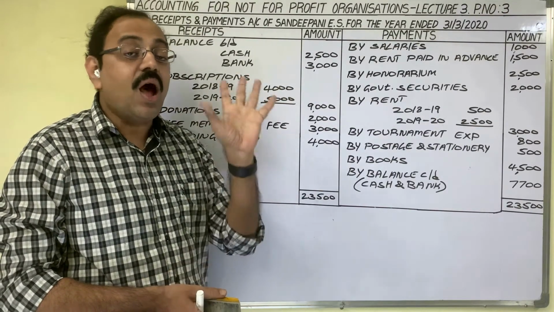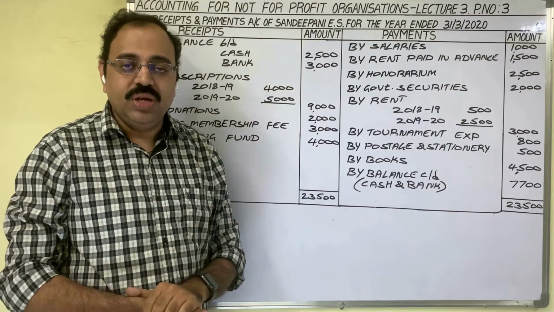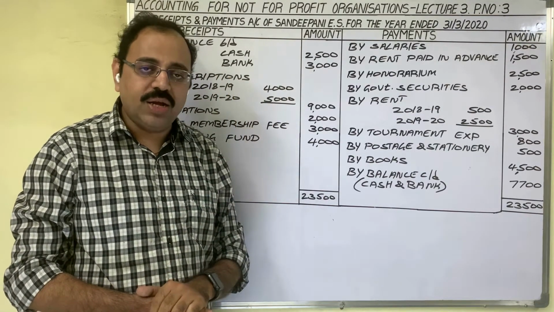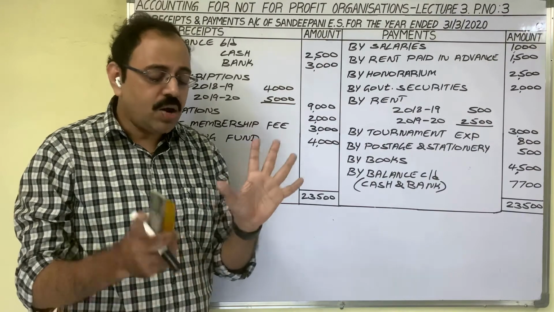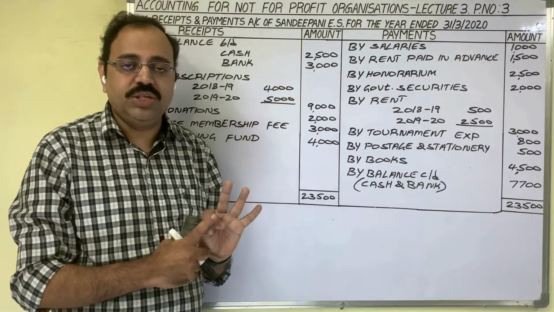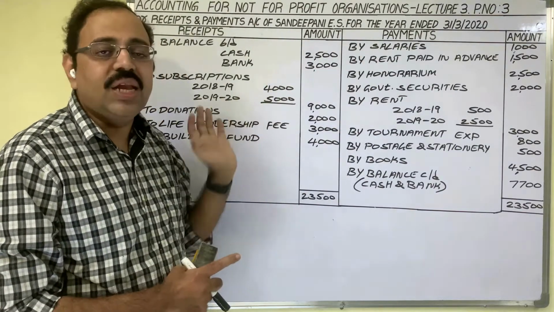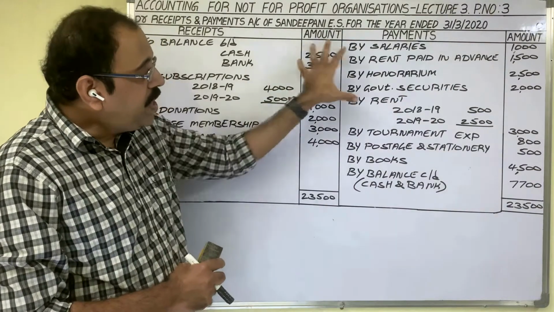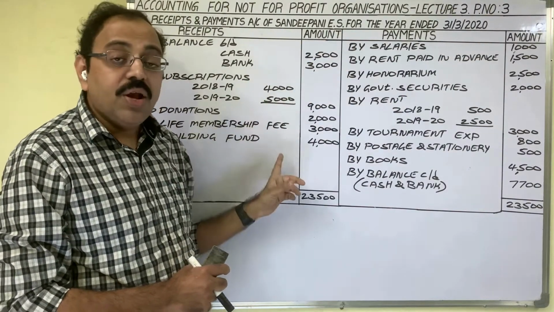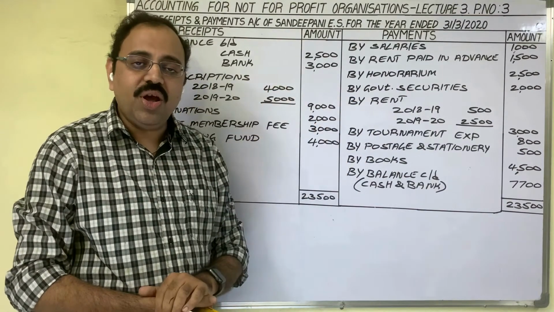If there are outstanding expenses and incomes to be received. So small firms you take and assume there are no outstanding expenses, there are no incomes to be received. For them, only receipts and payments account is enough. Because by preparing this account only, they can know whether they have enough cash to meet day-to-day expenses or not.